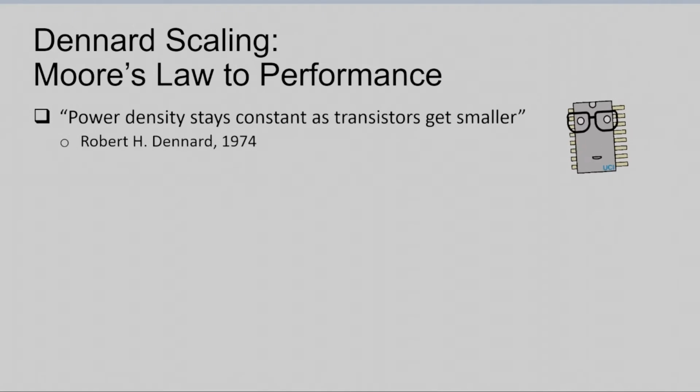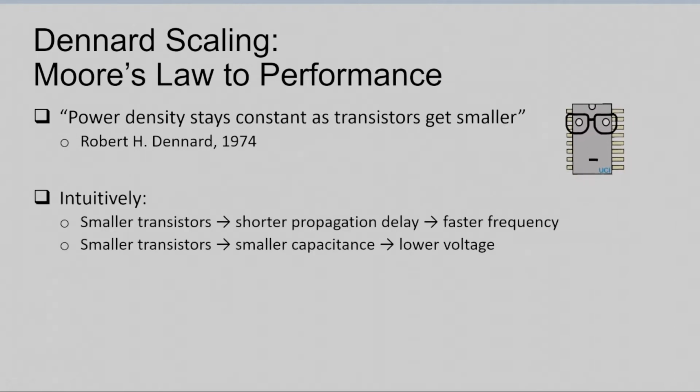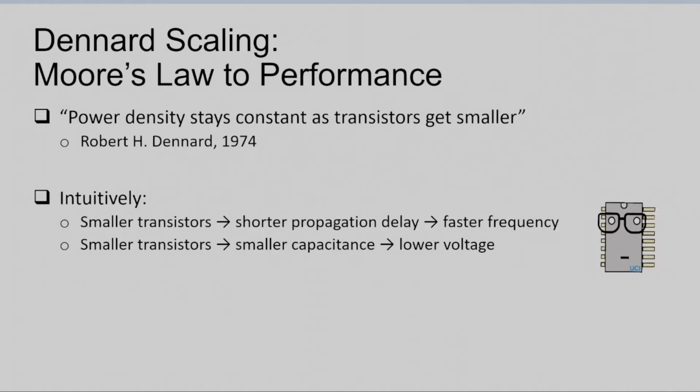Moore's law is what makes transistors get smaller. Dennard scaling is the thing that lets the power density of the chip stay the same, even as transistors get smaller. And as long as these two things hold, intuitively, and there's a lot more complexity to this, but we don't want to go too deep into the EE weeds, once you have smaller transistors, distances between transistors are going to become shorter on average, which leads to shorter propagation delay.